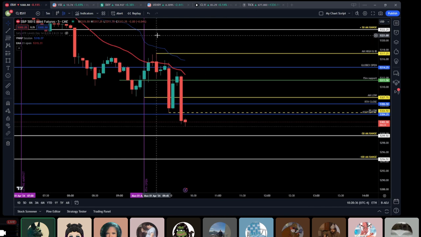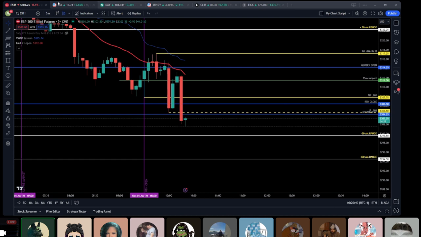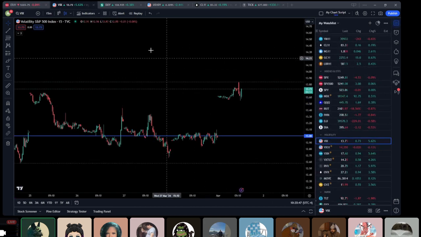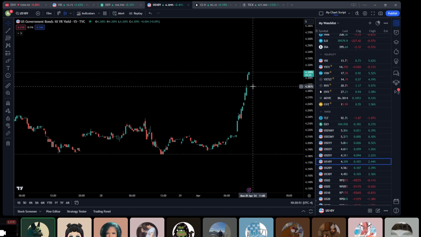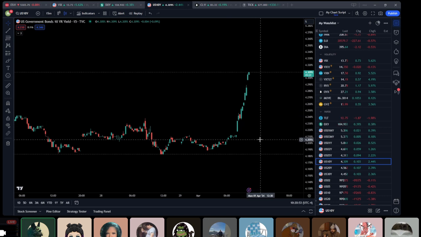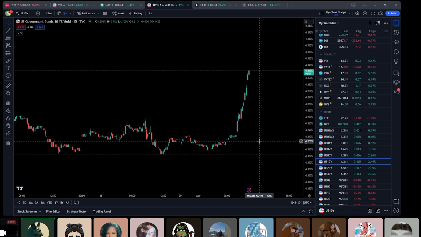But being aware of what's going on market-wide helps give us strength of confidence in a trading thesis. Right? If VIX was going down, if Dixie was going down, if the yield on the 10-year was going down, then that would give me a market-wide confidence boost in taking a long trade when the rest of the market is all in agreement with each other.